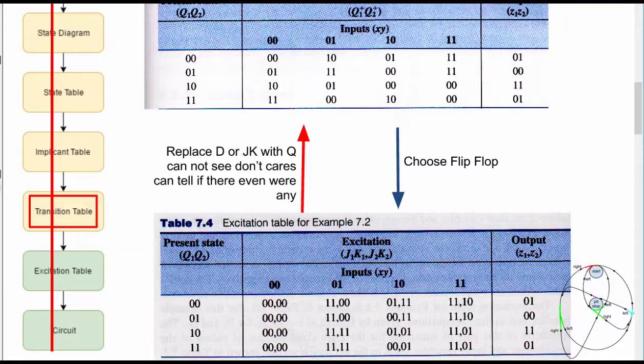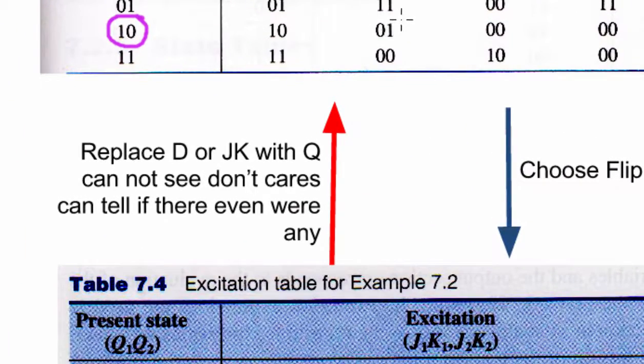Let's look at it. So from a design engineering point of view, let's start right here. And we're trying to take this and create this. So what would J1 and K1 have to be in order to take that 1 right there and change it into a 0?